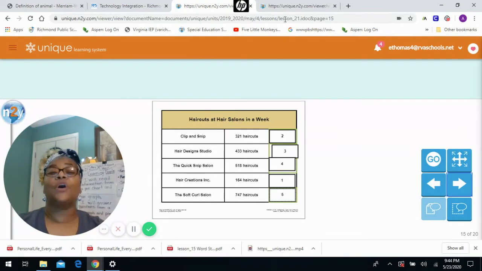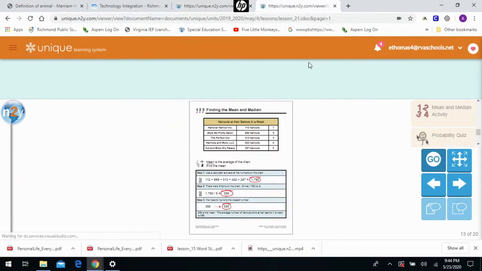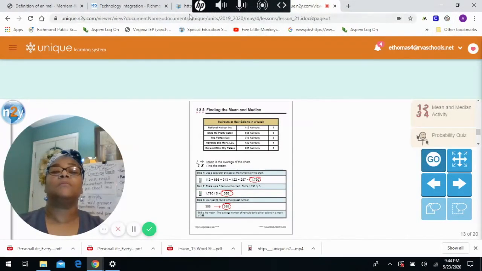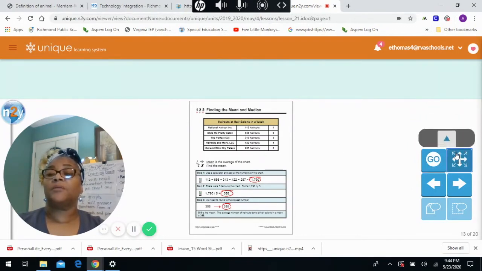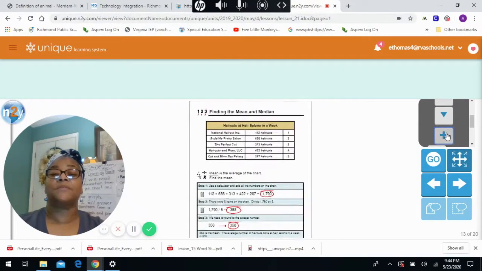All righty, so let me use my other thing. We are here, and I'm going to make it a little bigger so I can see it, guys. This thing can get a little small for me sometimes.